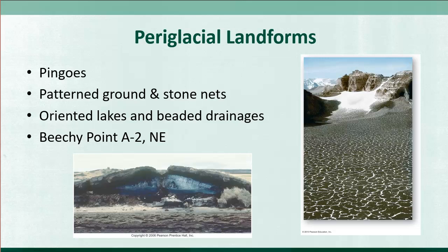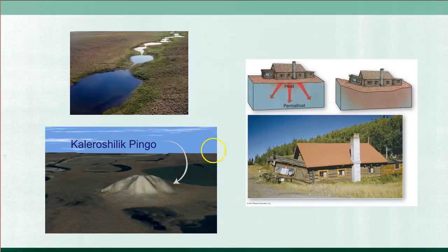We'll take a look at a map in just a second, but first here are just a couple of pictures of what's called a beaded drainage shown right here. And then this is a little image of a pingo that I created laying satellite imagery on top of a little surface model of the ground. In addition to permafrost being a natural feature, it's also a human feature as well.